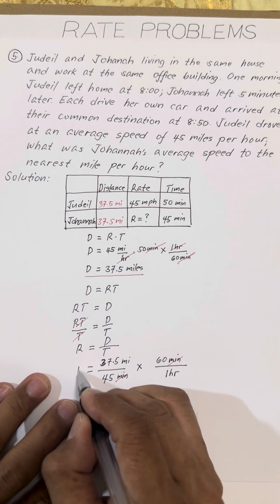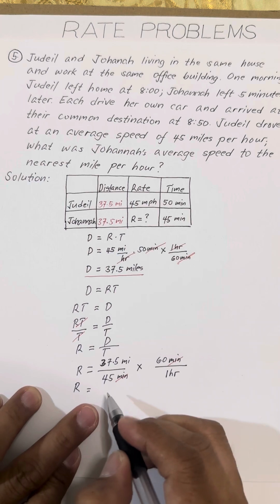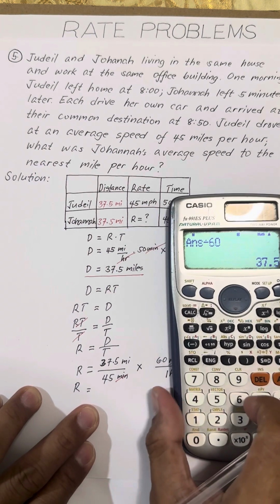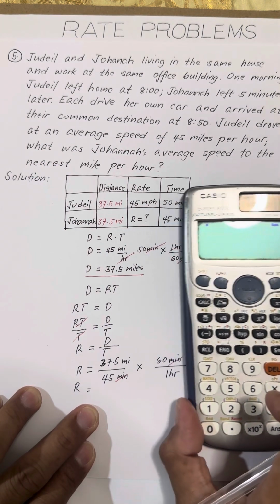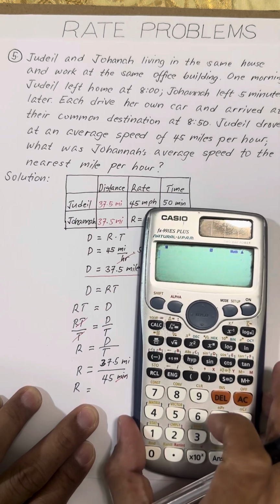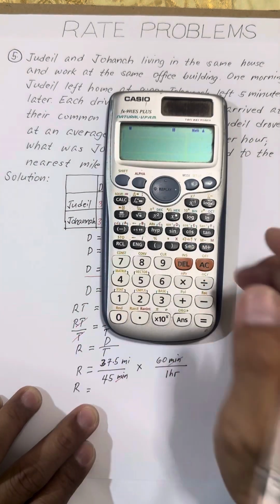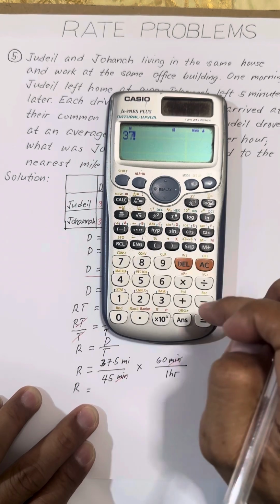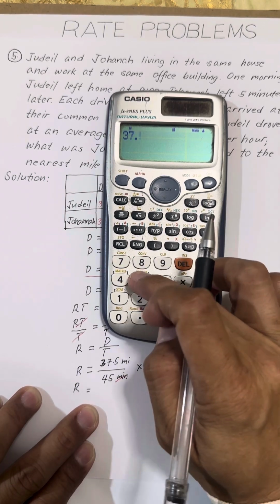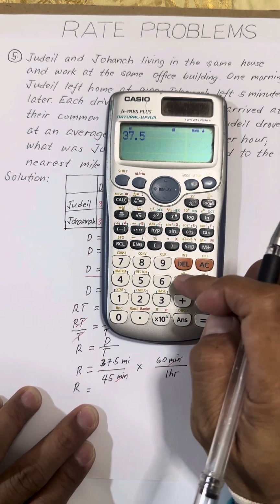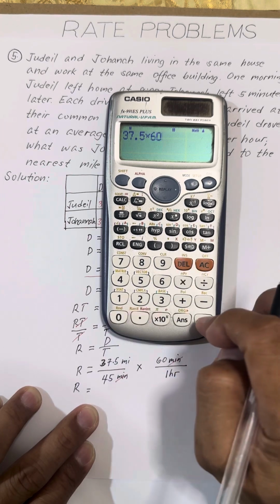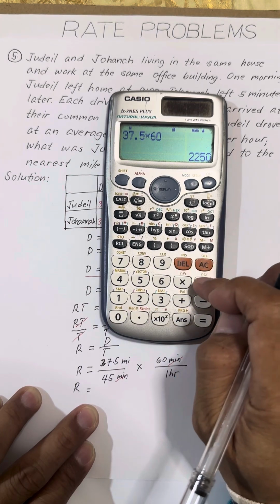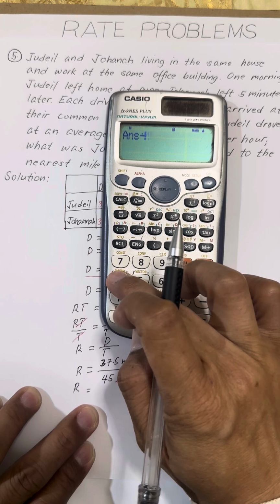So the rate for Johanna is simply, let's calculate, 37.5 multiplied by 60 equals, then divide this by 45.